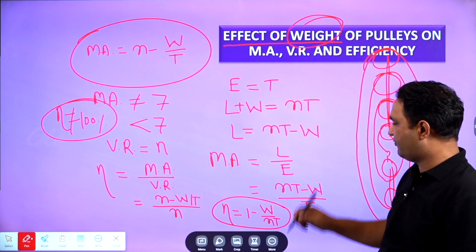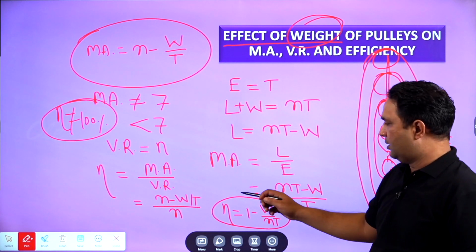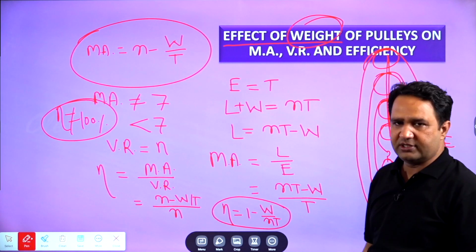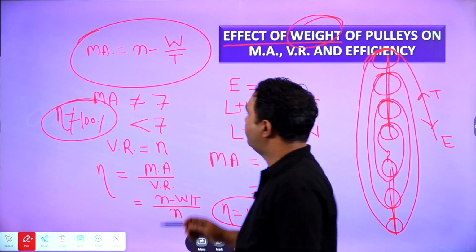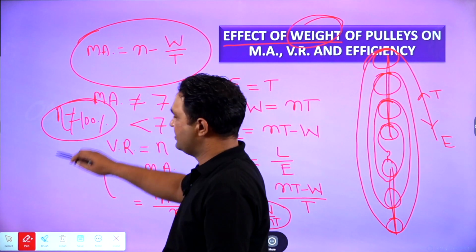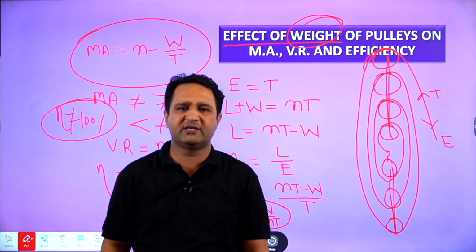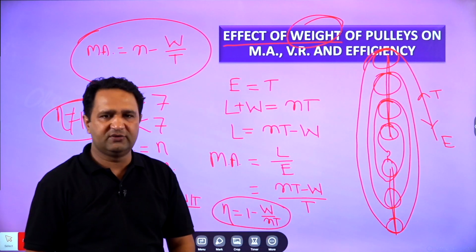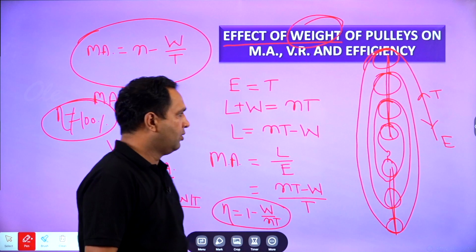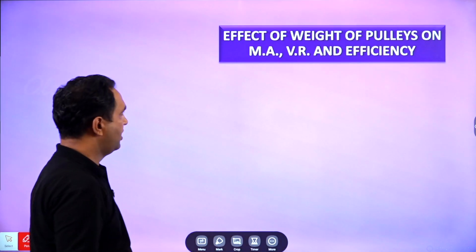N means the number of pulleys we are using. Okay, so this was the effect of weight of the pulleys. Efficiency will reduce as well as mechanical advantage will reduce. Okay, hope you got it.